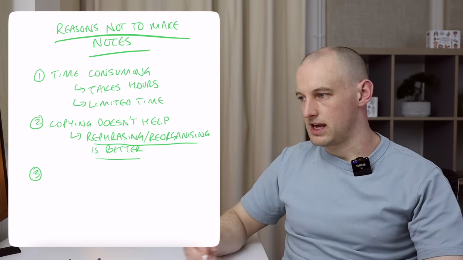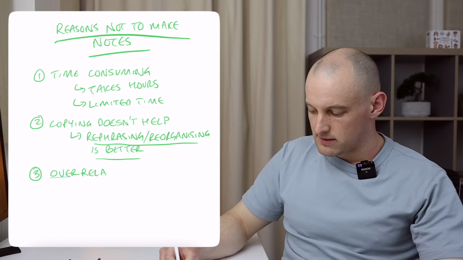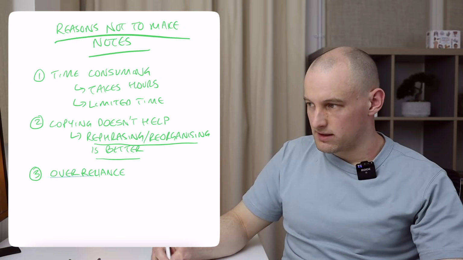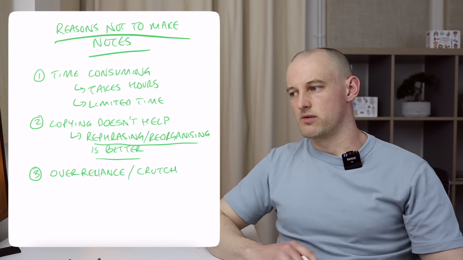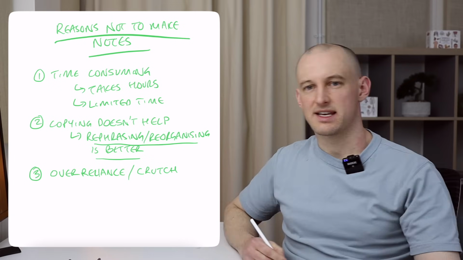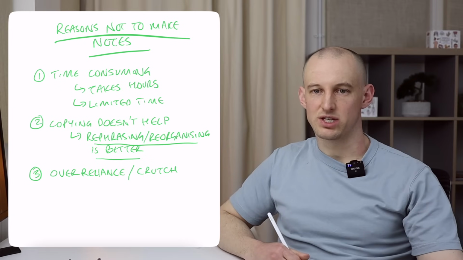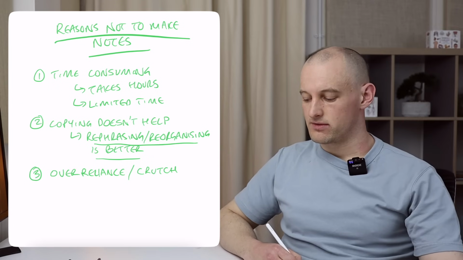So number 3 is over-reliance, or using it as a crutch. So once you have those set of notes, your brain then says, oh, I've got the information there. I don't need to retain it.